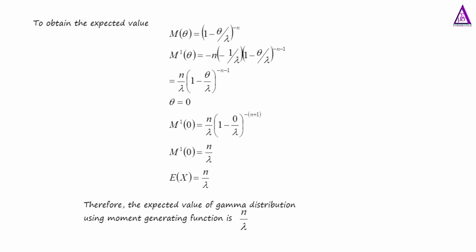Here we multiply negative n by negative 1 divided by lambda and we have n divided by lambda. So when theta equals 0, we have the derivative of the moment generating function at 0 as n divided by lambda. Therefore, the expected value of the gamma distribution using the moment generating function is n divided by lambda.